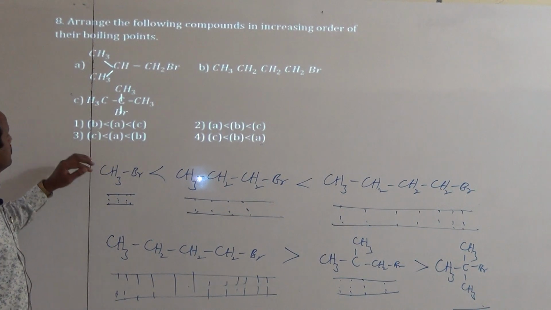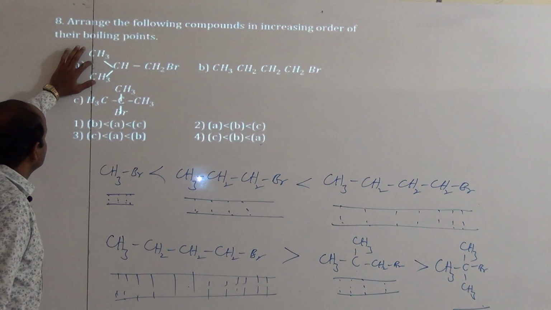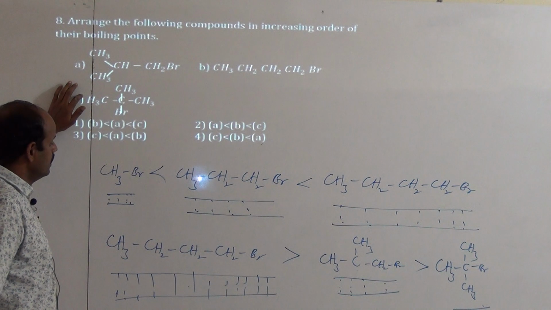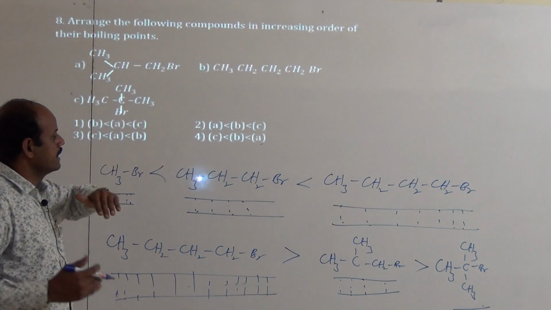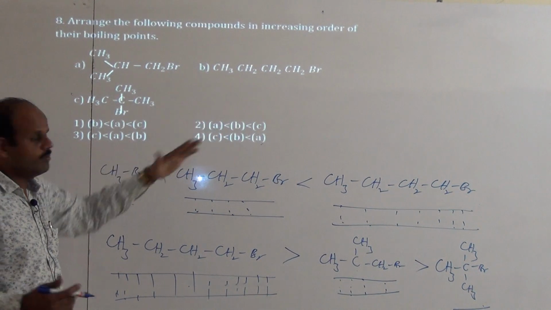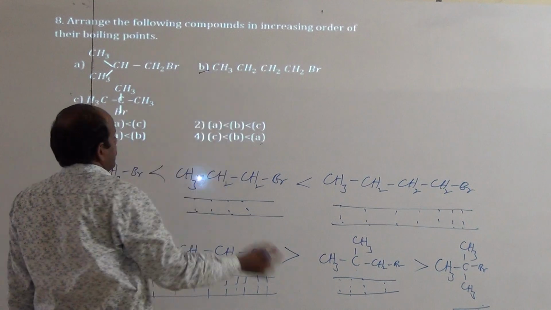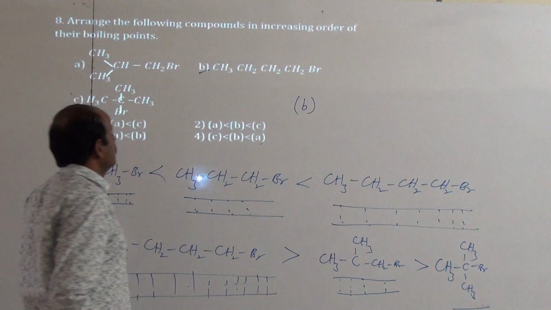Okay. Thus here in this question, they gave isopropyl, isobutyl bromide, n-butyl bromide, and tertiary butyl bromide. In this one, which has a greater boiling point? The one which has the longest chain has a greater boiling point. So out of these three, option B has the long chain, thus B has a greater boiling point.